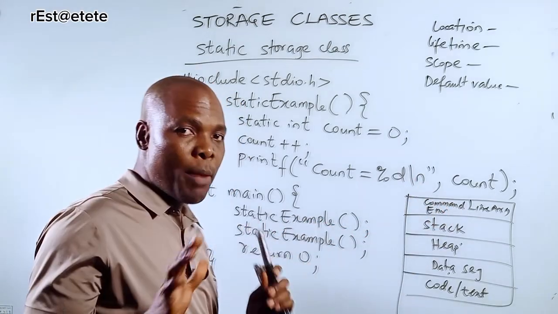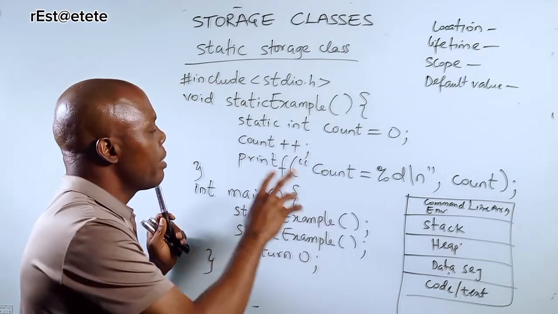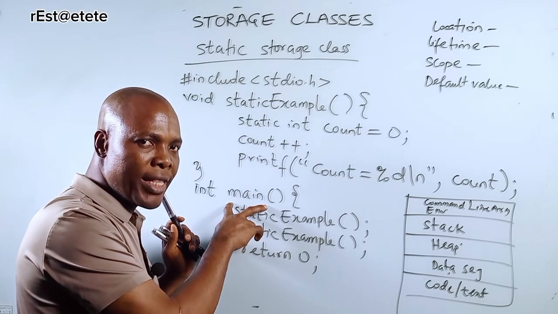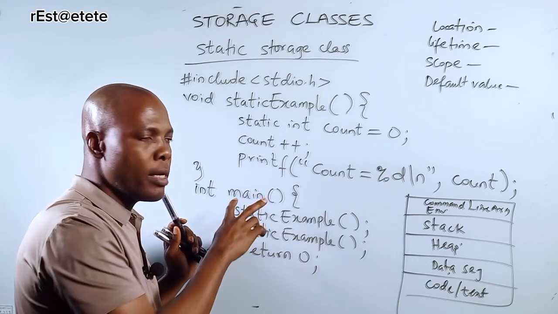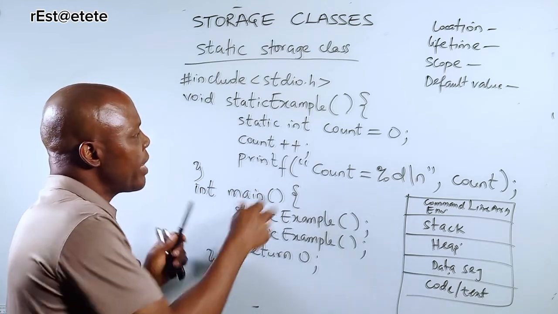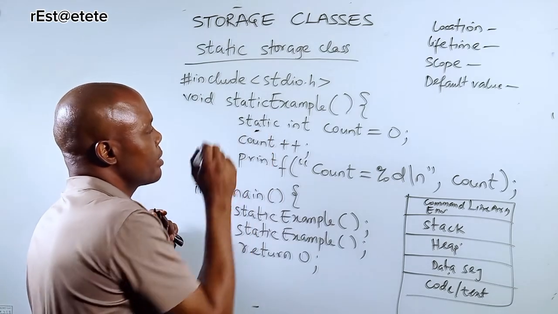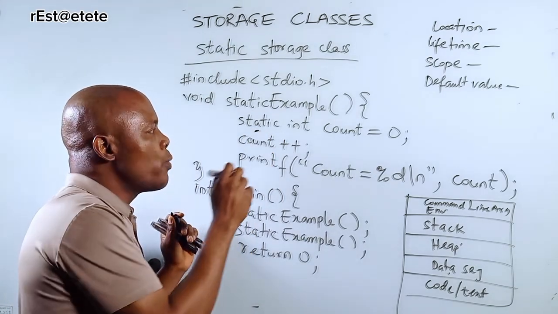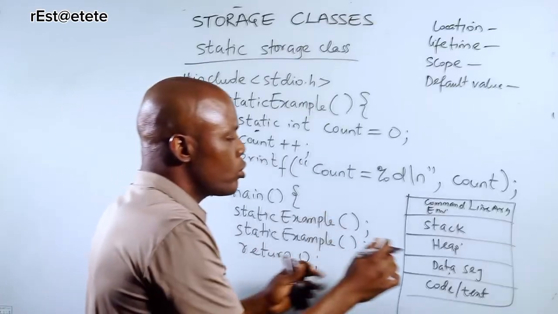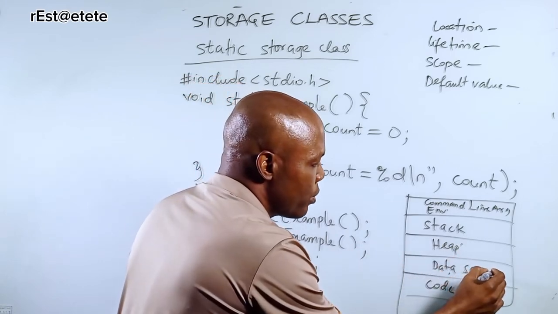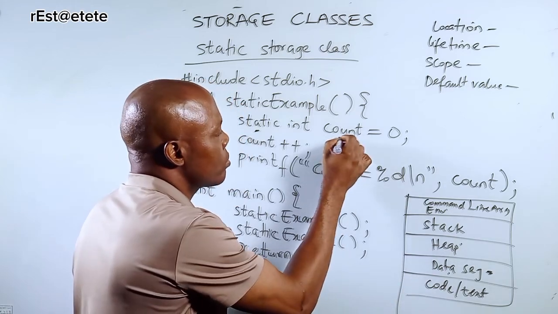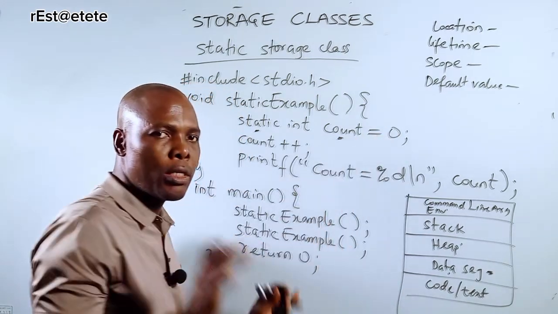Now this is what happened. Listen very well, this is the catch. Even before we enter the main function for the program to start, the first thing the compiler will do is look at this entire source code. The compiler will see this static, and it will go to the data segment of the memory and create a variable called count and assign 0 to it once.